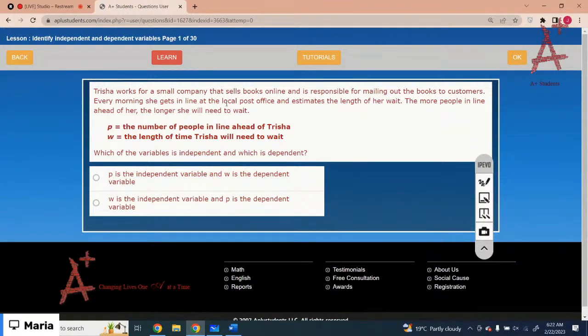So P is the independent variable and W is the dependent variable. Option number one is the correct option.